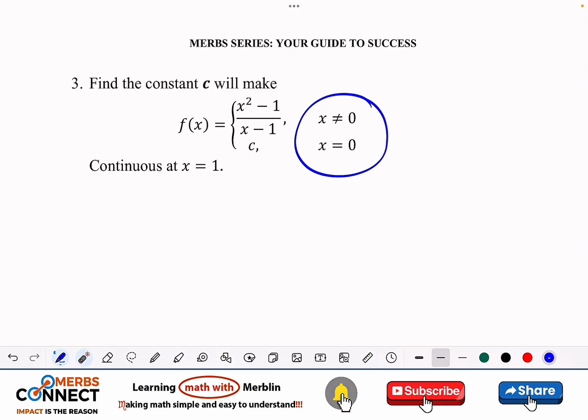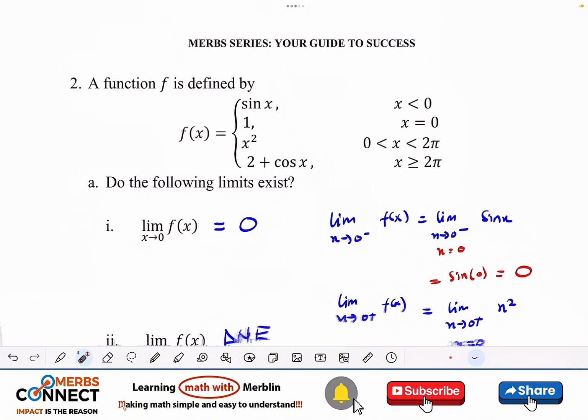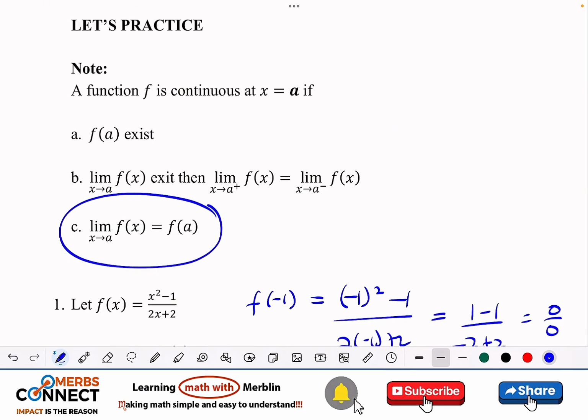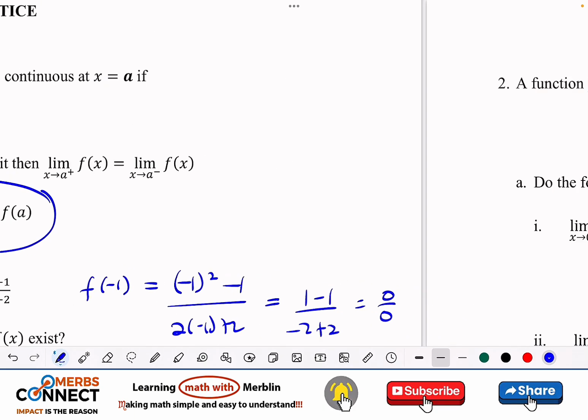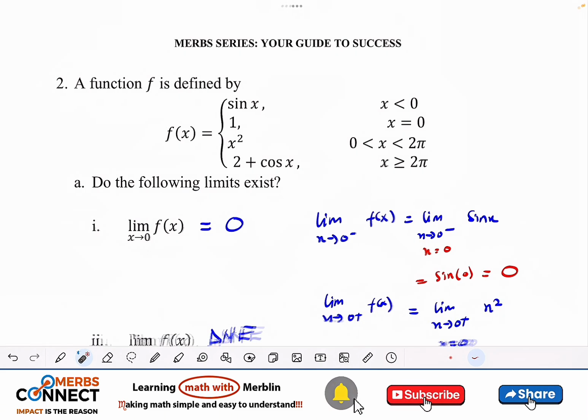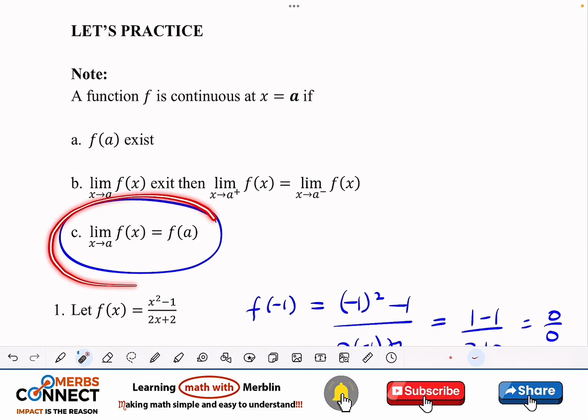Now, anytime I have something like this and it's going with not equal to and equal to, then I need to pick one of the conditions. And which condition are we going to pick? We are going to pick this condition here. So have in mind, anytime you are solving and you have something like this, this is the condition that we need to use.